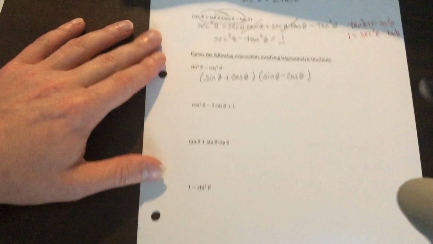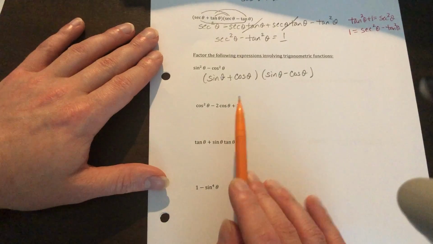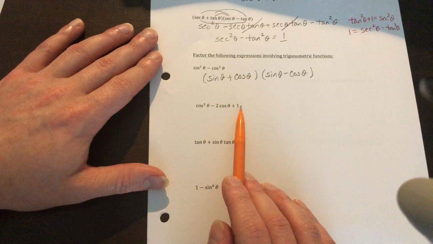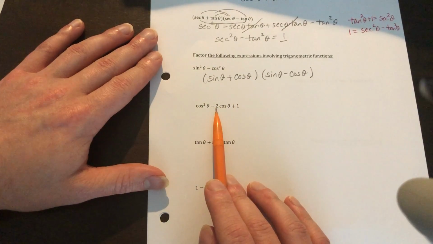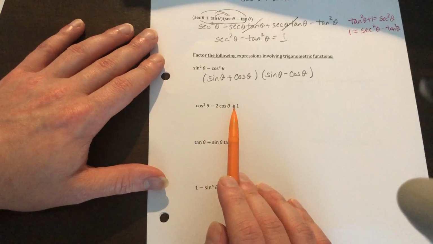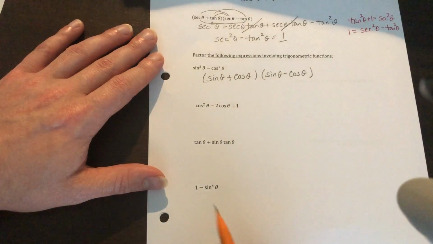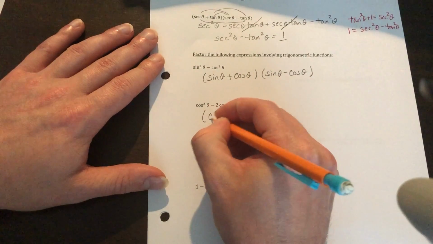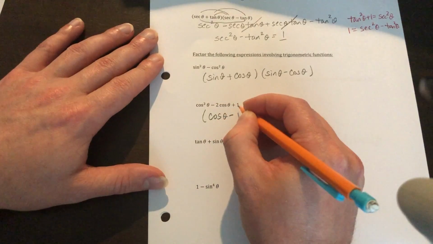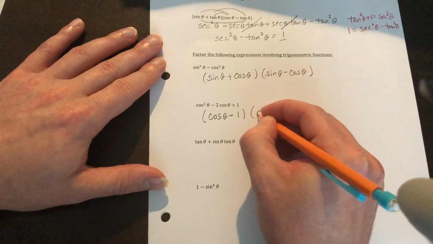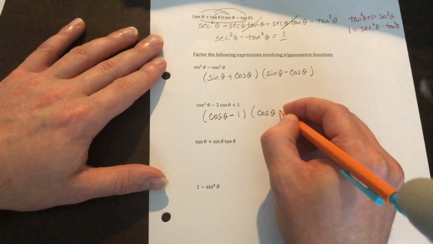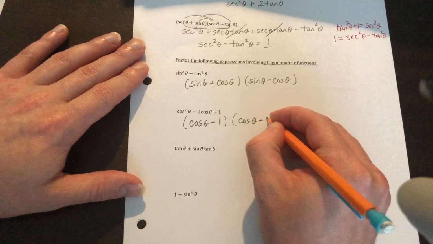The next one. I need factors of 1 that give you a negative 2. Remember that a negative and positive factors to a minus minus. So it's cosine of theta minus 1 and cosine of theta minus 1.